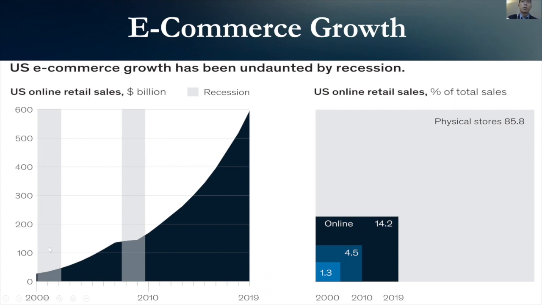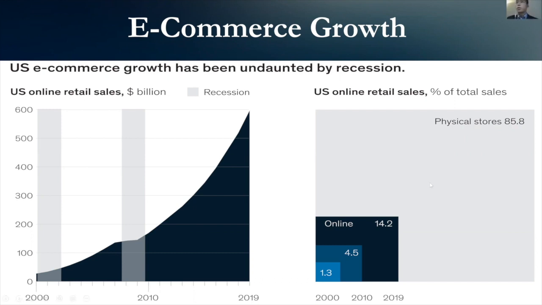Even though the recession happened, we can see online retail sales still increased. There is still an increasing trend, so e-commerce is an important factor for any company.